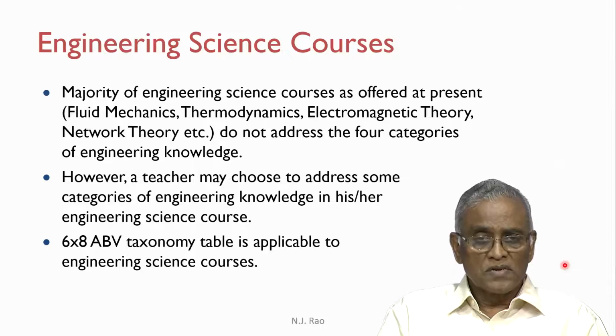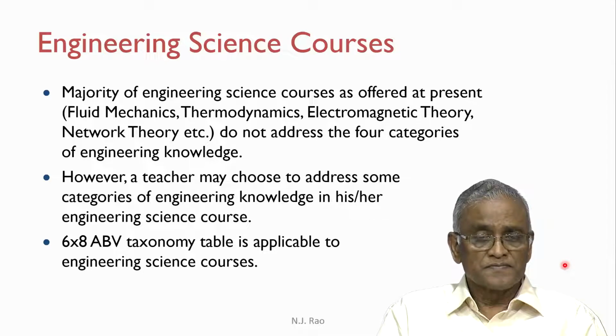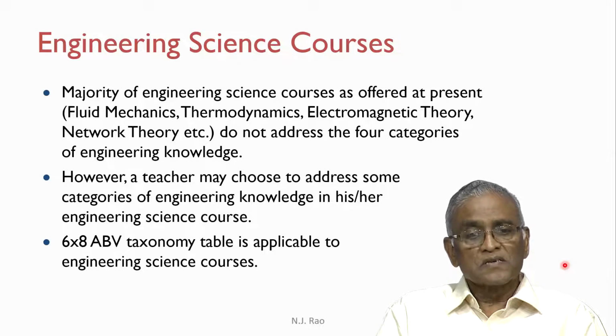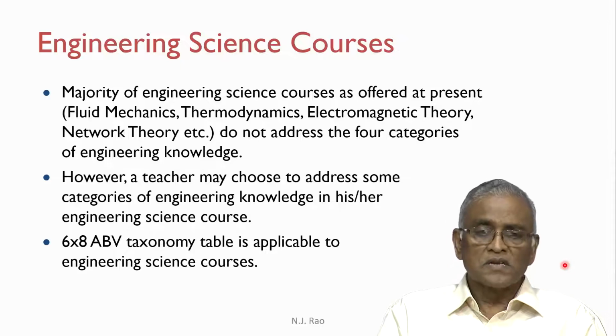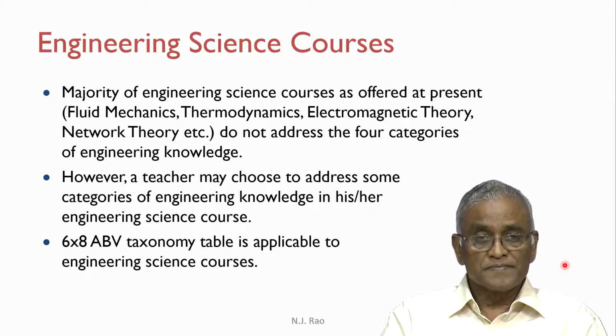If I choose to deal with the course purely as a science course, then I am ignoring this 6 by 4, that is half the cells; I am not putting any activity in that. But because some people may want to use them, we will say the 6 by 8 ABV taxonomy table is applicable to engineering science courses as well. This is a position we are taking.